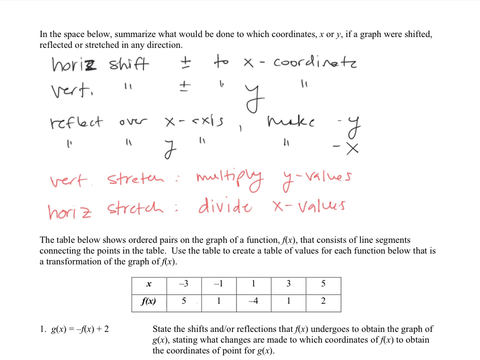All right, so we've been talking a lot about parent functions, and parent functions are incredibly important. You have to be able to understand what's happening to these graphs. But not all functions are given by equations that have nice continuous graphs. Some functions are given as a set of ordered pairs, right?